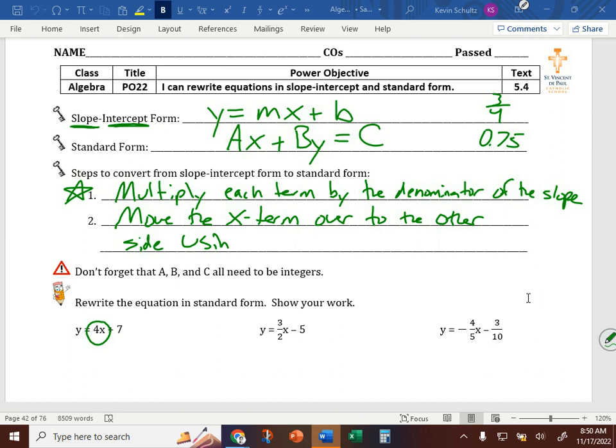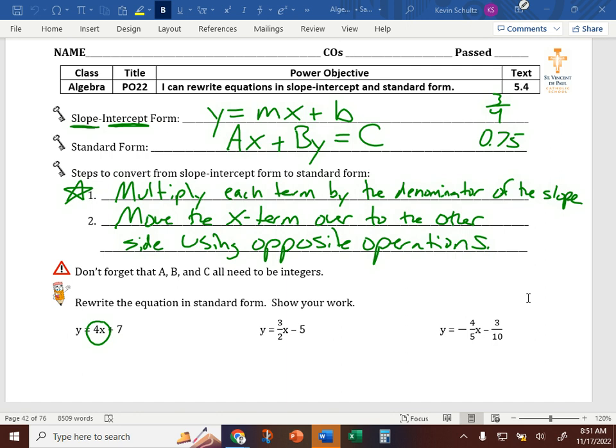Using opposite operations. Move the x term over to the other side using opposite operations. So step one is eliminate the fraction if you have one. And step two, move the x term over so it's on the same side as the y term, and you're done. Question? No. Okay.